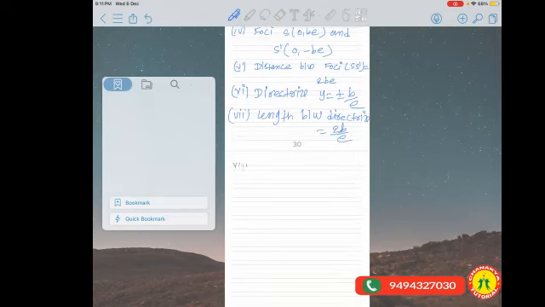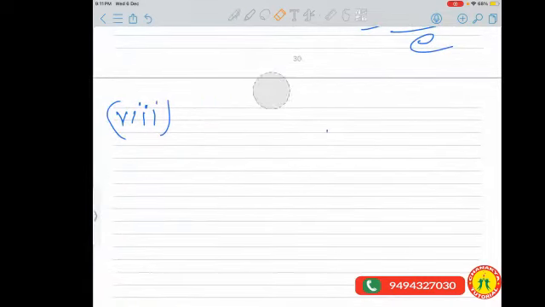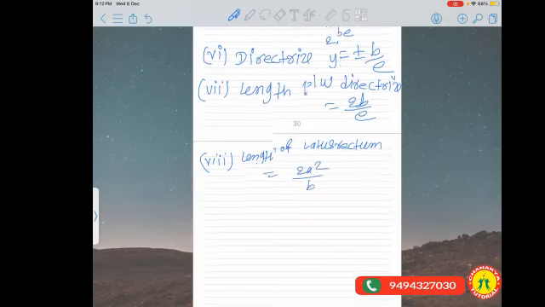Now the eighth point is the length of the latus rectum, that is 2a square by b.